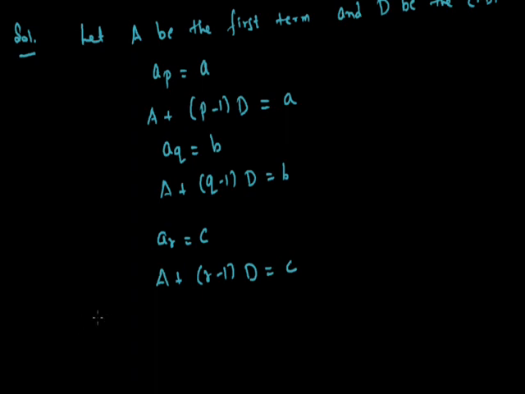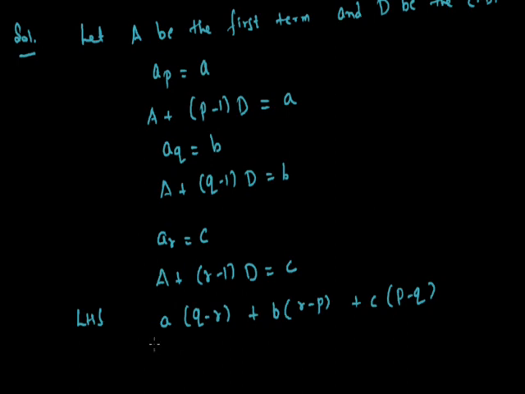Now we have to prove a(q minus r) plus b(r minus p) plus c(p minus q) equal to 0. So left hand side a(q minus r) plus b(r minus p) plus c(p minus q).